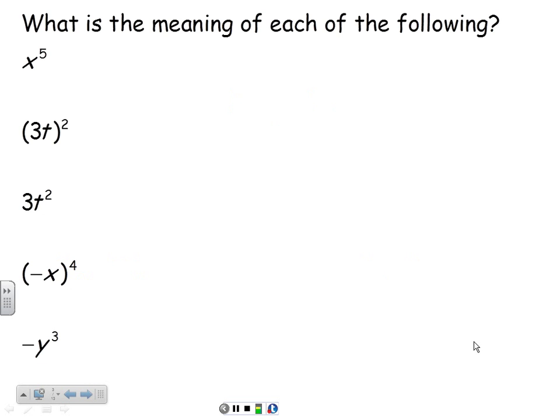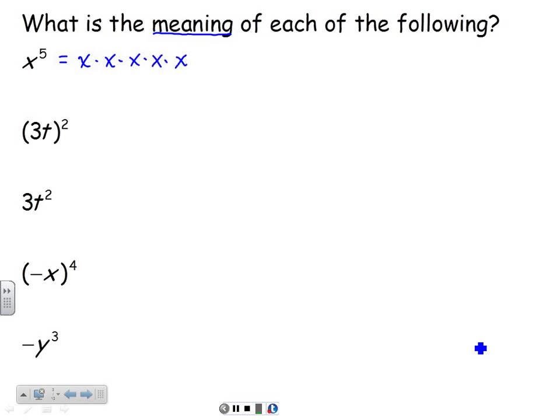Okay, so when the problem says what is the meaning, don't forget this because we won't come back to this until probably the study guide or the actual test. When I ask you what is the meaning of the following exponents, what I'm asking you is to expand it. And so x to the fifth power is going to be the same as x times x times x times x times x.